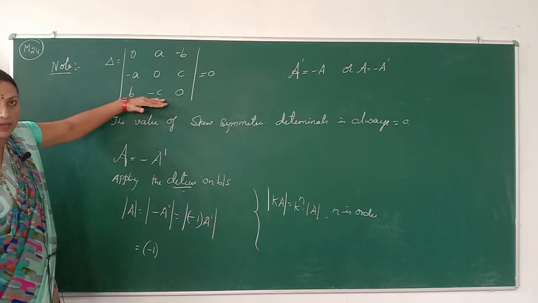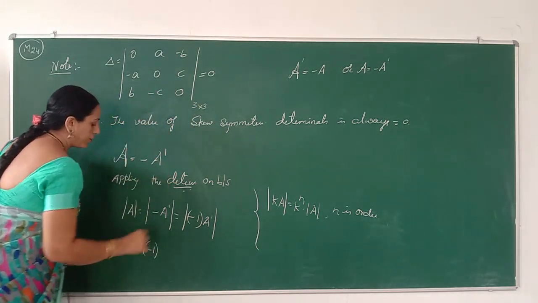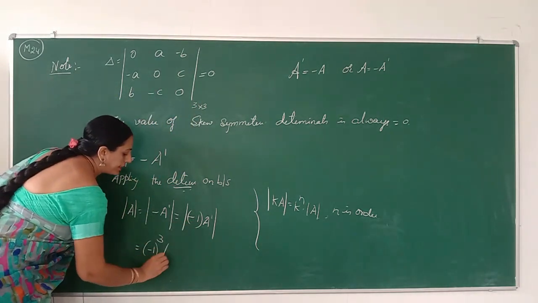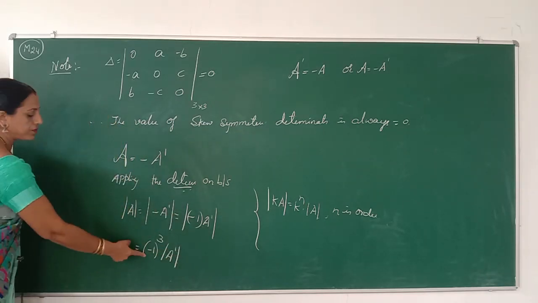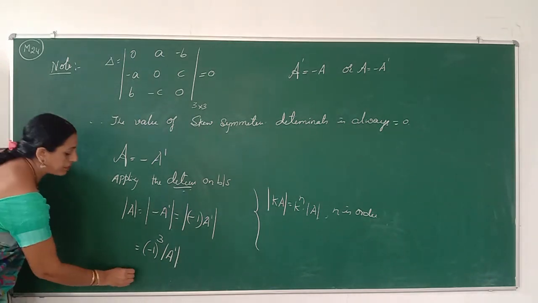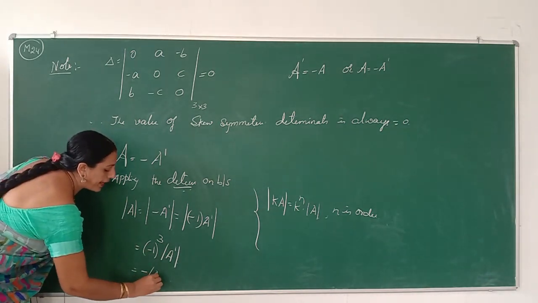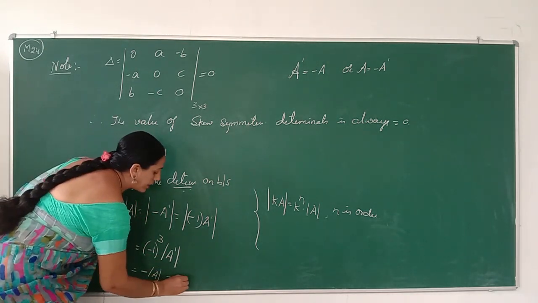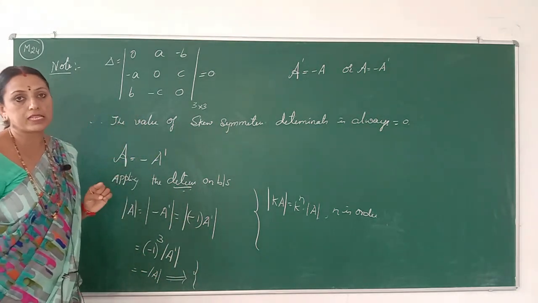In the given matrix, the order is 3 cross 3, so n is 3. Minus 1 whole to the power of 3 is minus determinant of A dash, which is also determinant of A, by the first property of determinants.